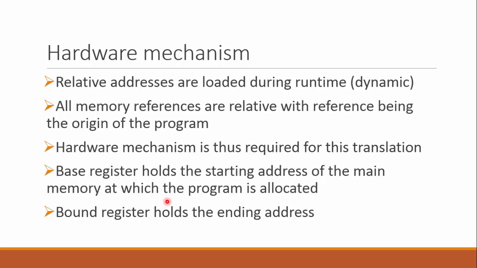The base register points to the origin of the program, that is, where in the main memory the program begins. The bound register points to the end address of the program or the space, which should not be crossed by the program. So these two are the base, the origin, and the bound, the ending.